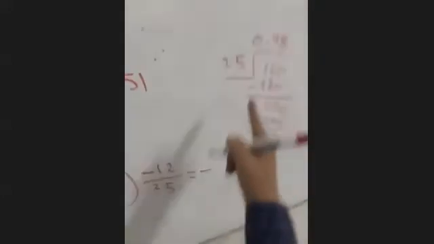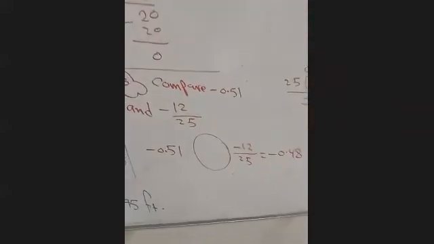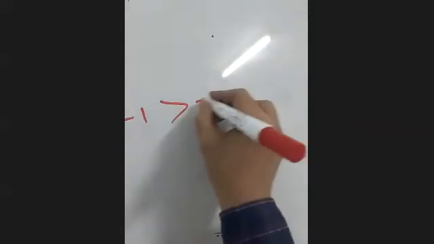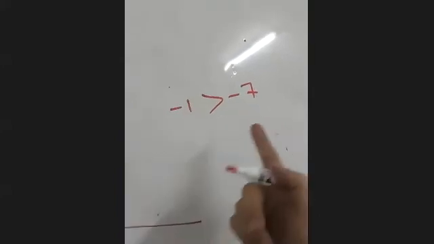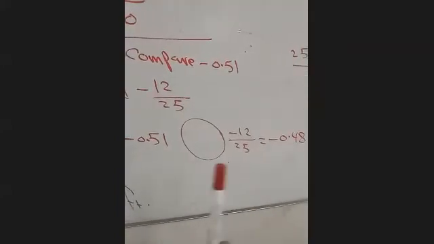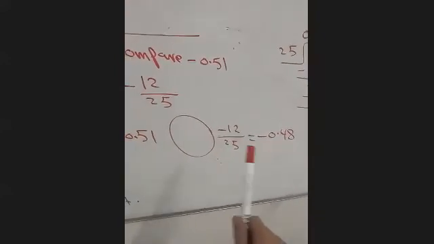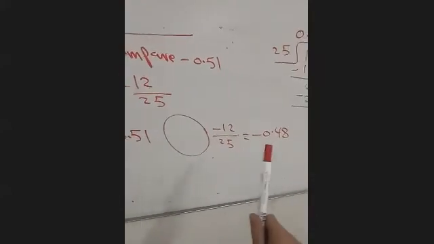Negative 0.48. Now let's compare, guys. Don't forget that in the negatives, negative 1 is bigger than negative 7. Now here we have negative 0 decimal, negative 0 decimal. 5, 4. This is 5 and this is 4.